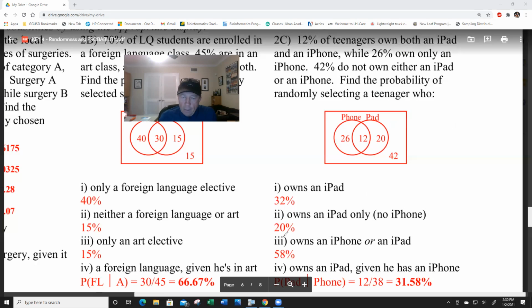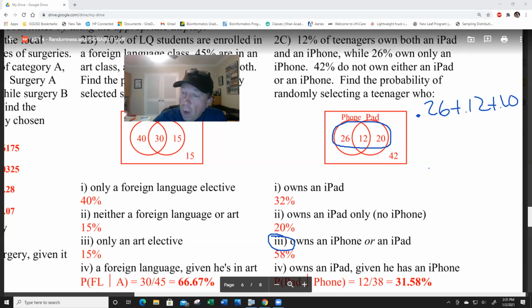Roman numeral 3. Owns an iPhone or an iPad. An iPhone or an iPad, that's going to be all 3 of these added up. Okay? There's actually a couple of ways to do this. It's kind of interesting. You could go 26% plus 12% plus 20%, right?